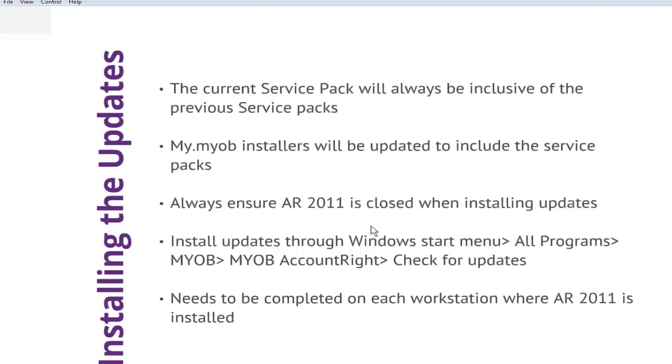It is an issue that we are investigating with FlexNet, who deliver our updates for us. At the moment, the best thing to do if you receive it is just close out of the message and close down AccountRight. Go into your start menu in that same area that we found the set library location, because you do have the ability to check for updates there. That will 99% of the time solve the problem, and you'll see any updates that are available for yourself or your client.